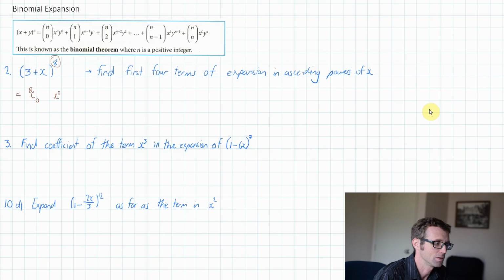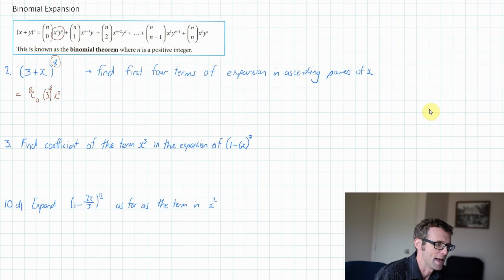This is our x to the power of 0 term, but at the same time, our first term is going to be 3 to the power of 8. So you can see that that fits what we've got here. Our second term is to the power of 0, and our first term is to the power of n. That's how we start these off.